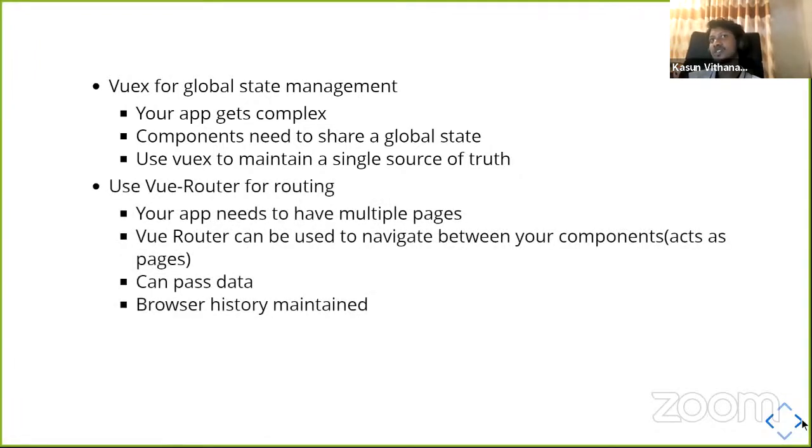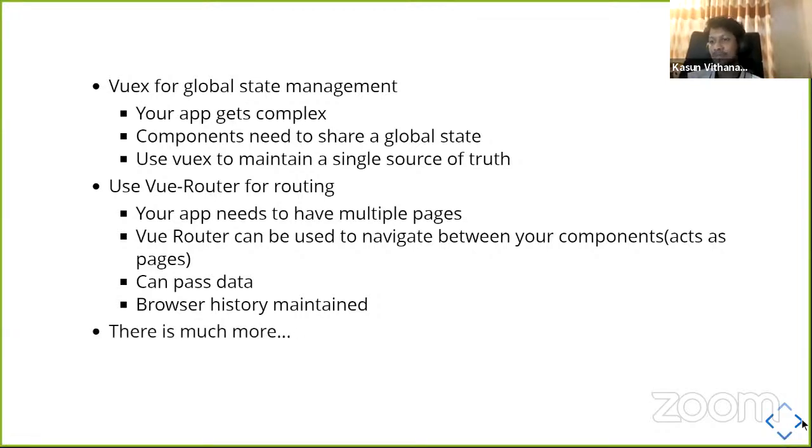And you can use Vue Router for routing if your application has multiple pages. Vue Router can be used to navigate between these components which are acting as pages, and you can pass data to it as well, and it will also maintain the browser history.